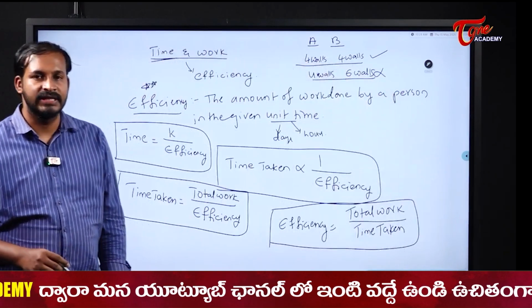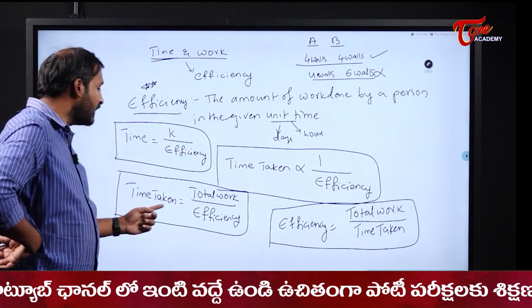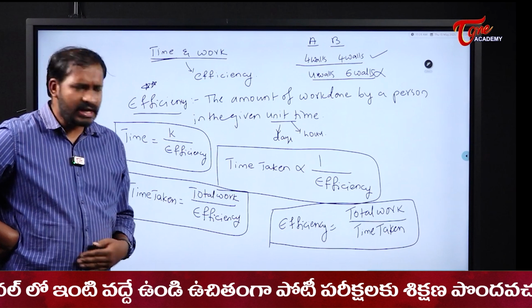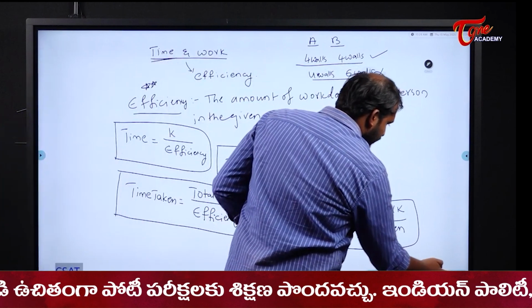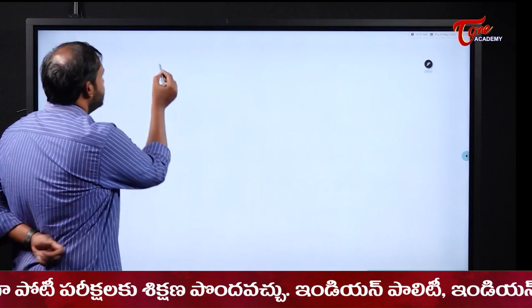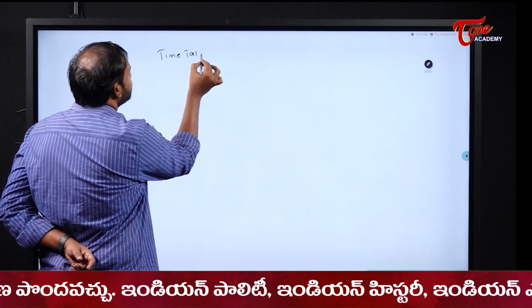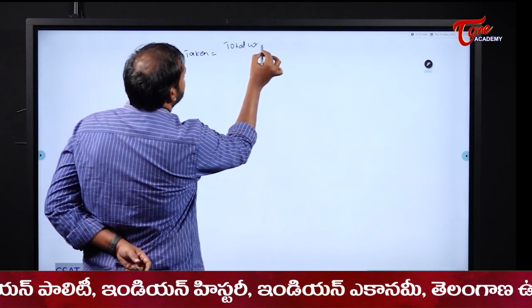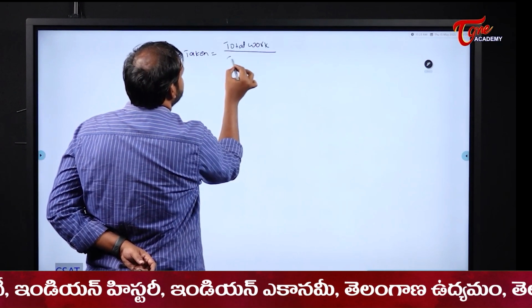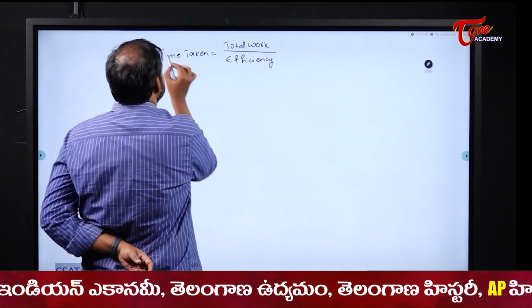Now, if I want to find total work, how can I find it? Time taken into efficiency. This is one method. From this, time taken is equal to total work by efficiency.